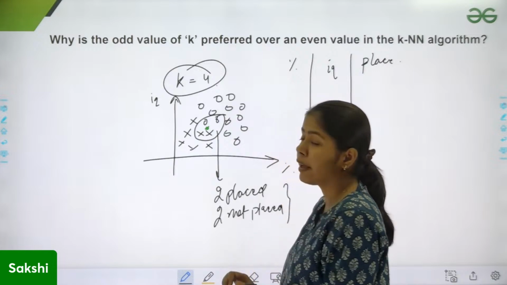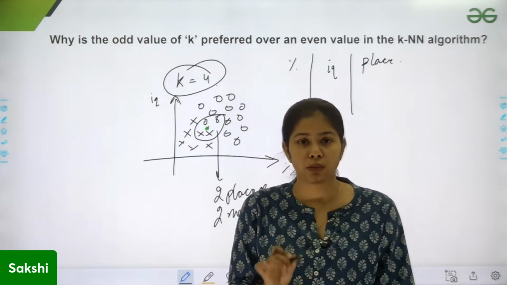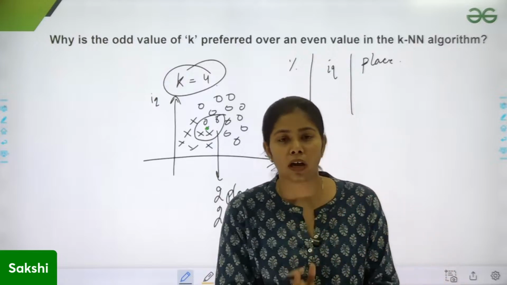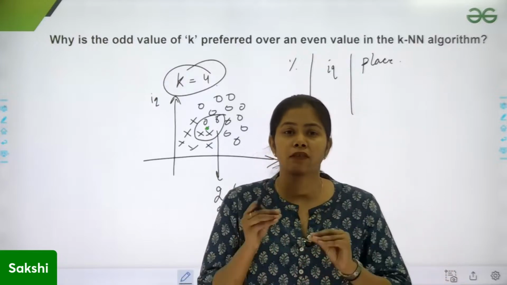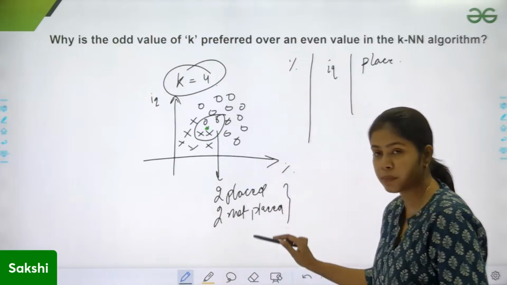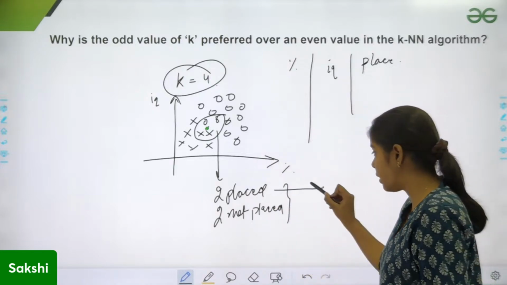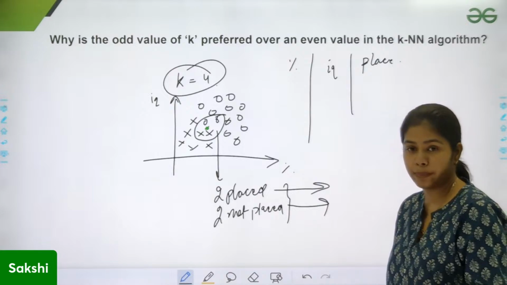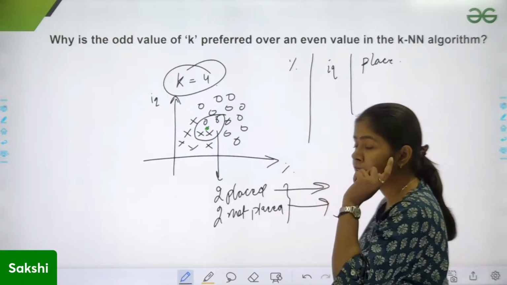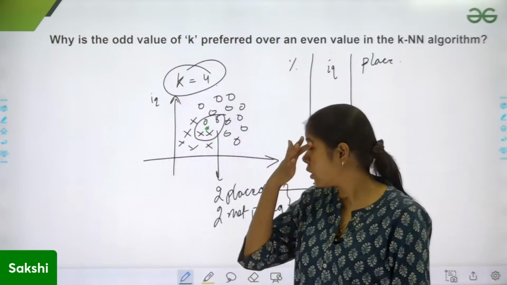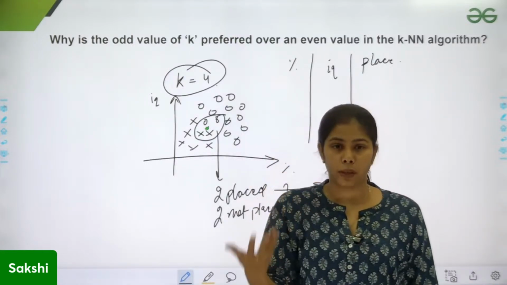So when I have an even value of k, there may be a possibility that it gets divided into half and half. It may be difficult for me to decide, because I do not know which is the maximum, since both are equal. So I cannot classify the point as placed, and neither can I classify it as not placed. This question is asked in interviews as well, that odd value of k is preferred.